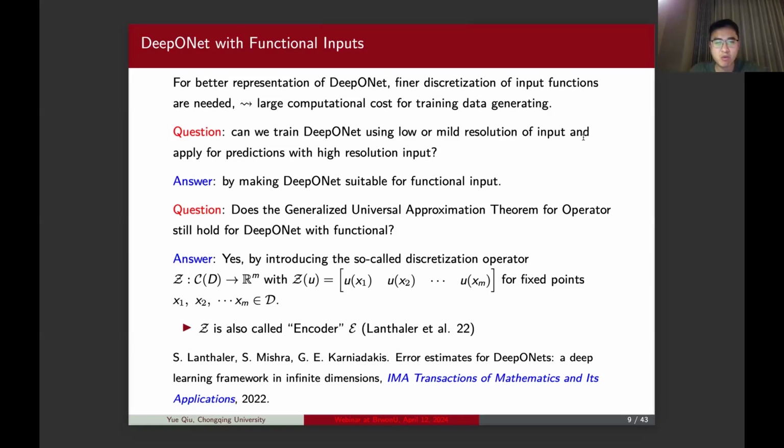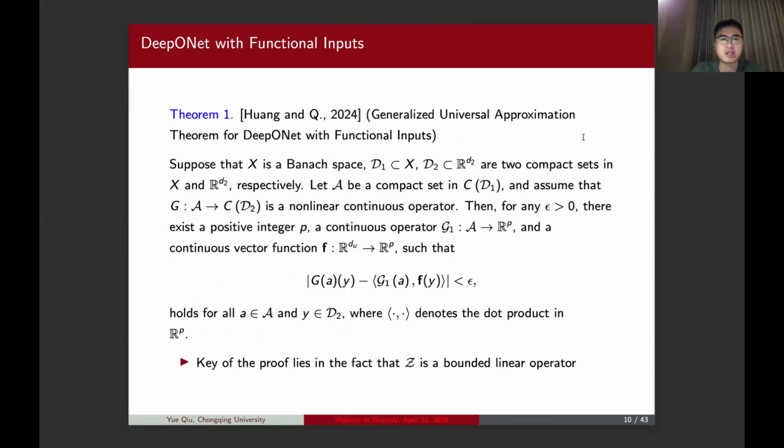So with this concept, we can propose a very similar, almost the same structure, DeepONet with functional input, and we can also give almost the same generalized universal approximation theorem for this framework.